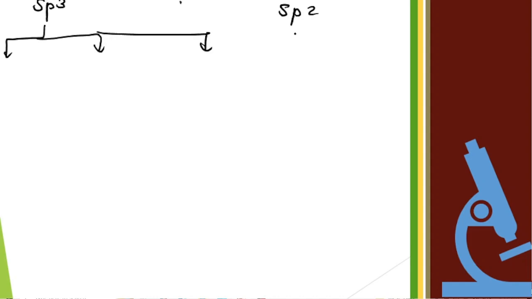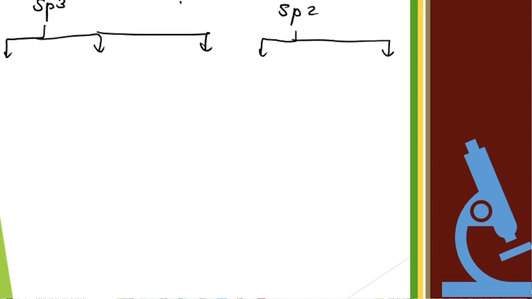See here clearly. I told sp3, sp2. So sp3 hybridization is divided into three types, and sp2 hybridization is divided into two types.